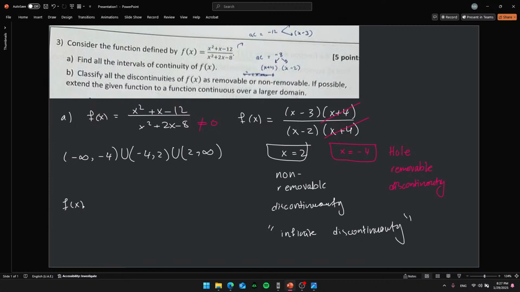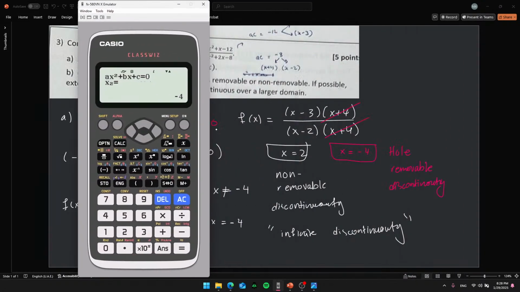We'll extend it by defining it as a piecewise function. So I'll write the normal f of x, x squared minus x minus 12 over x squared plus 2x minus 8. This function applies when x is not equal to negative 4, and when x equals negative 4, I want the function to equal, let's see, equal what?